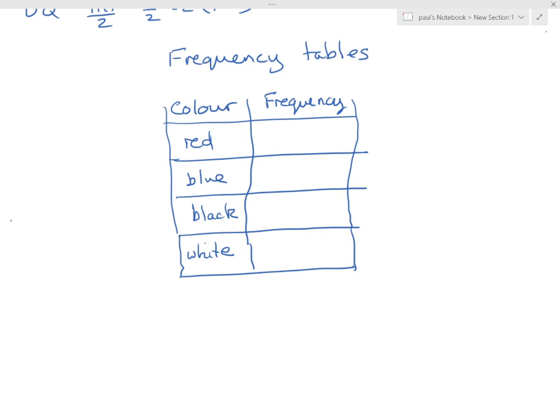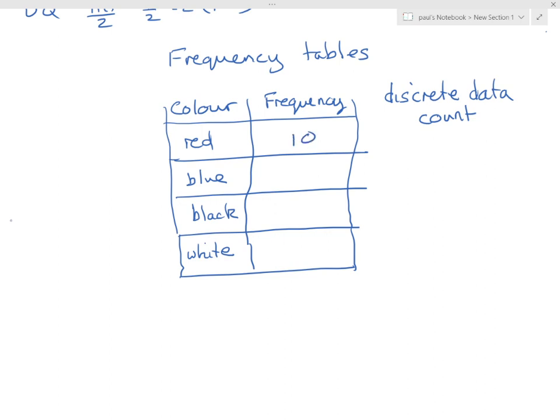Because there is no crossover, there is no sort of, is it red or is it blue? This is called discrete data, and it's data that you count. Okay, discrete data is data that you count.